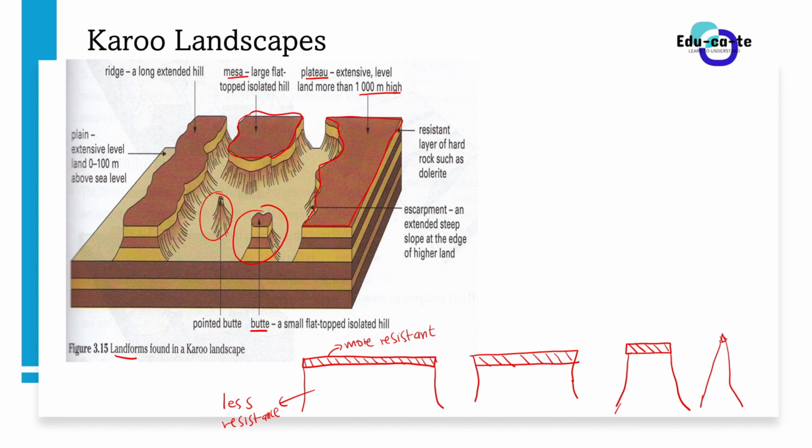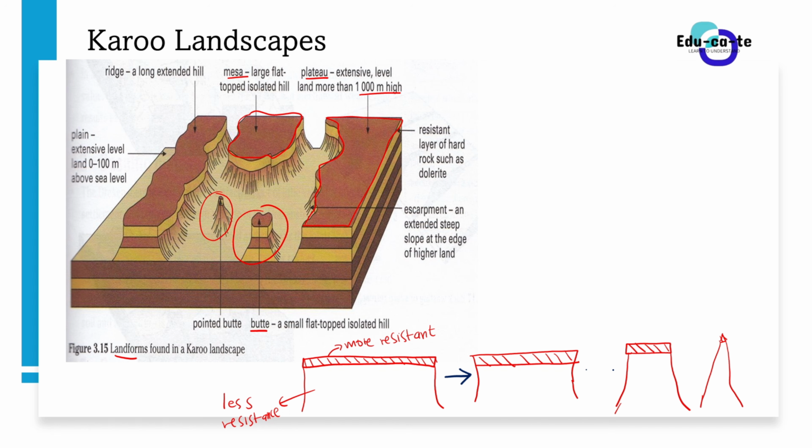Karoo landscapes. For Karoo landscapes, these are the landforms that we have, and we claim that they all developed from each other, in the sense that the Karoo landscapes come from the canyon landscapes. Remember, for a canyon landscape, we say that it's just a plateau that has a river carving or eroding it. So basically, the plateau becomes a mesa.